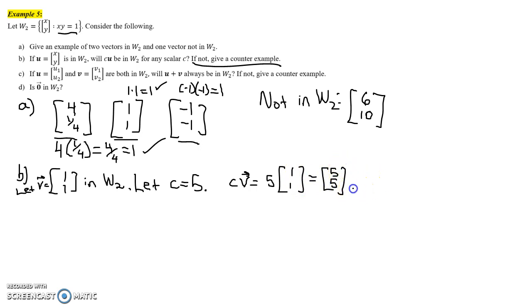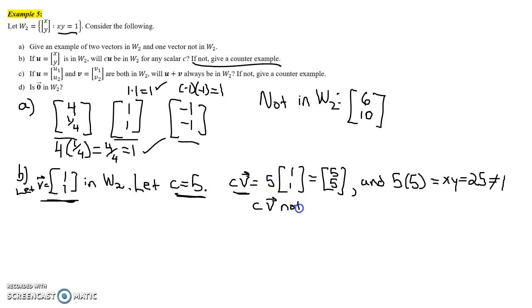And notice in this vector, x times y equals 25, not 1. So here's an example of a vector v that's in W2 and a scalar c where c times v is not in W2.